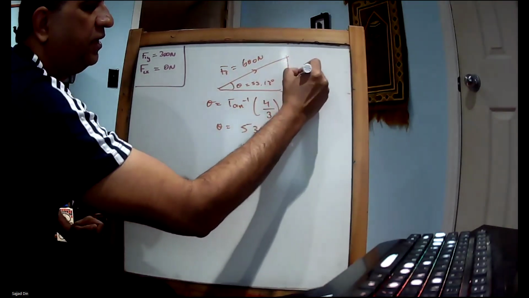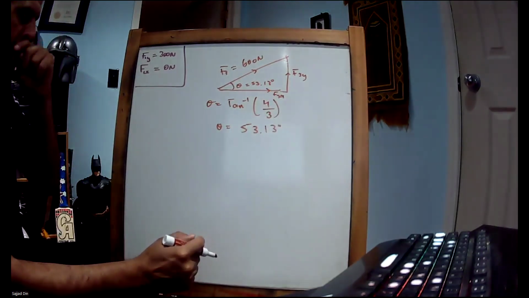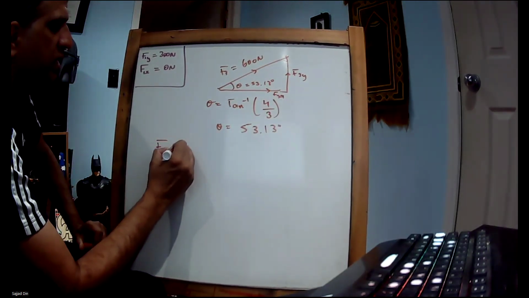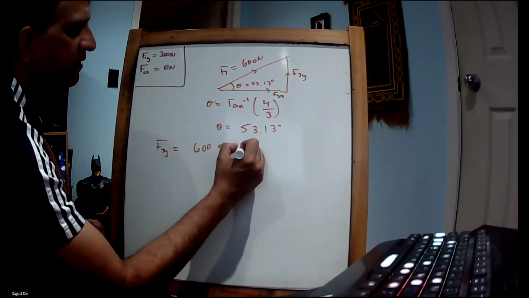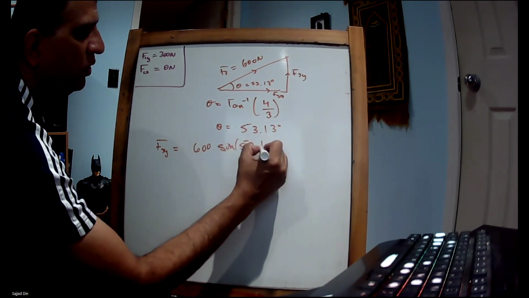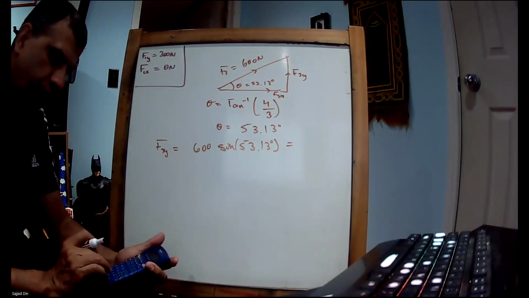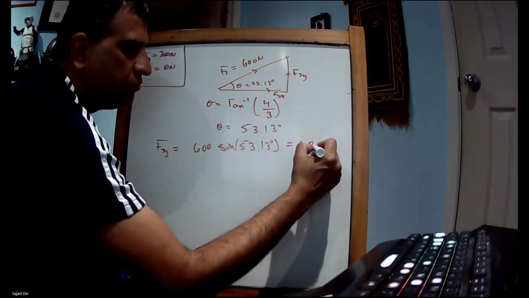So F3y is equal to 600 times sine 53.13 degrees, which is equal to 480.